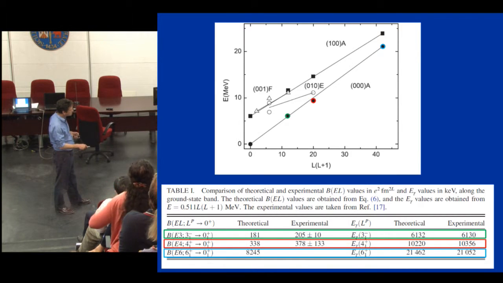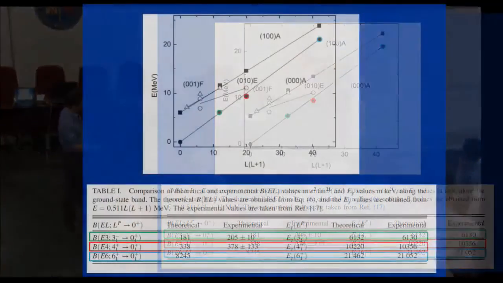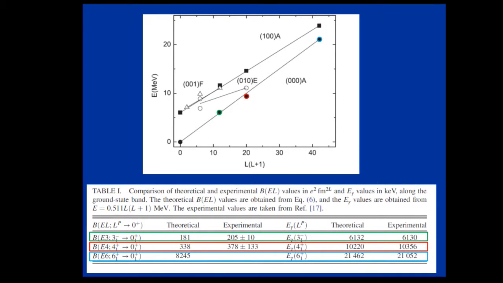This is a theoretical prediction. This is experiment. Here is the calculated energy and experimental energies. The 4+ state, again, remarkable agreement. And finally, the transition hasn't, not surprisingly, been observed, but the energy is about right. So again, from the electromagnetic properties, this looks rather compelling.